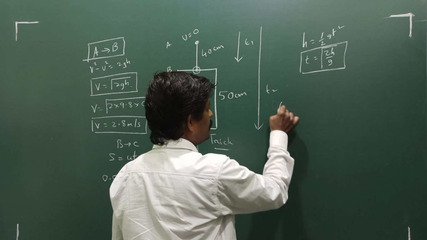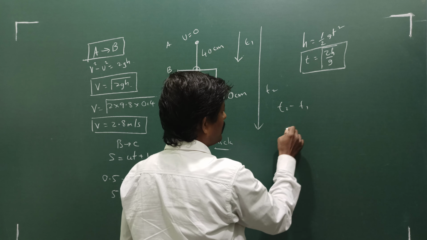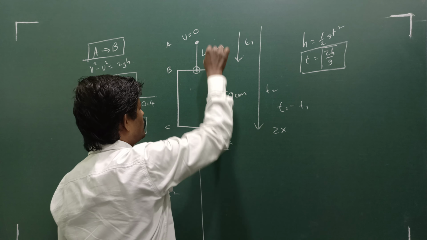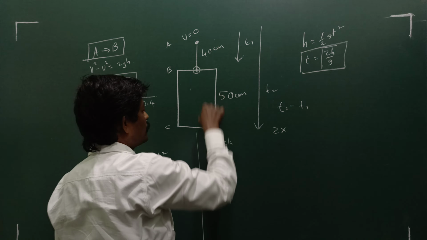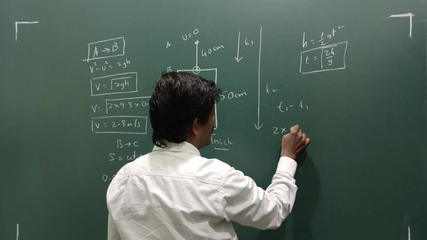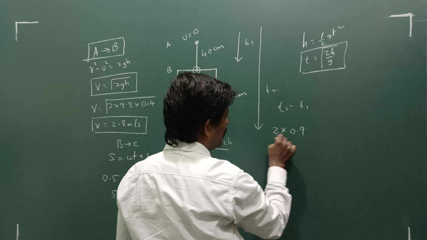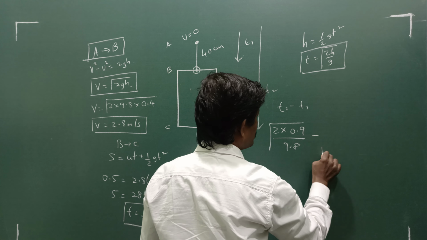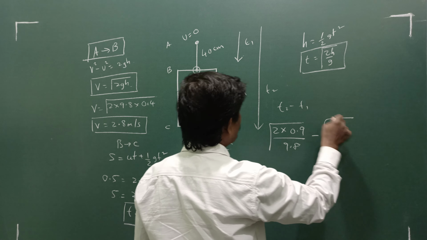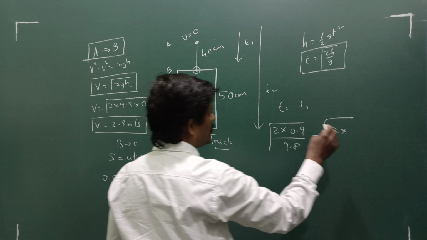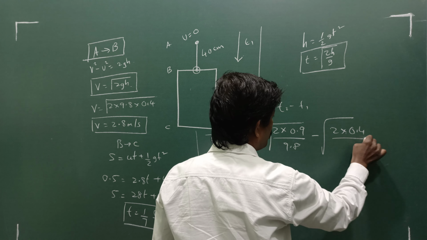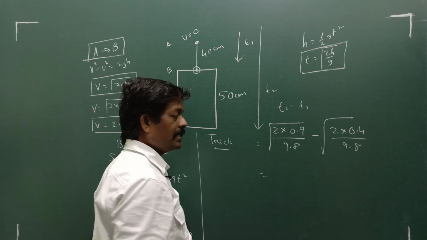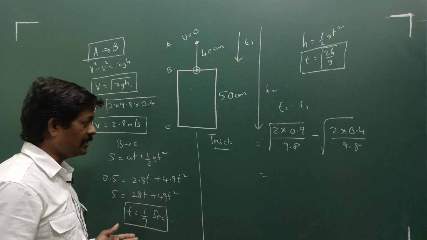So it becomes so simple here. t2 minus t1. t2 is root of 2 into h, the length from A to C, 50 plus 40, that's 90, 0.9, by 9.8, minus root of 2 into t1, from here to here, 40, 0.4, by 9.8. So we have avoided the quadratic equation as we have done in this case.